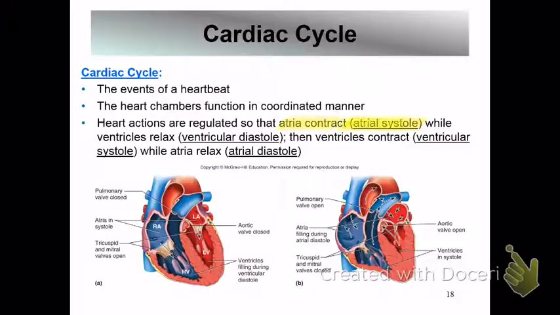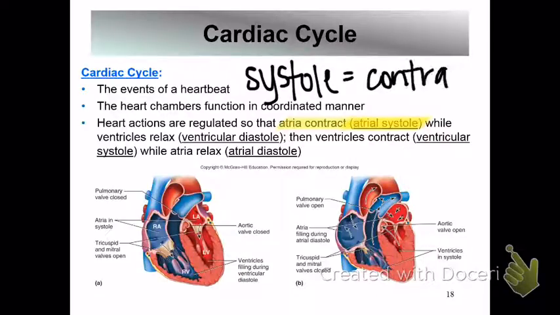So the atria contract. By the way, the word systole means contract, and the word diastole means relax. So the atrium contracts, or atrial systole, while the ventricles relax, or ventricular diastole.